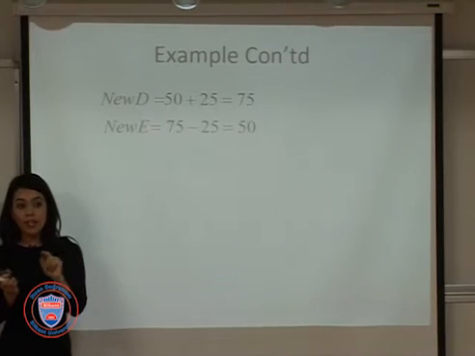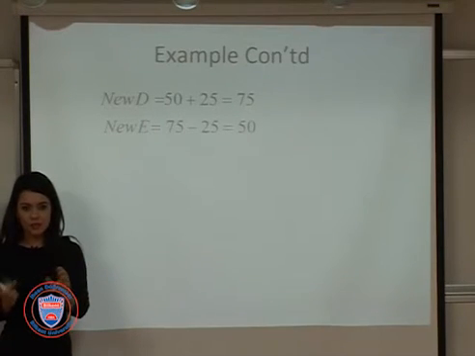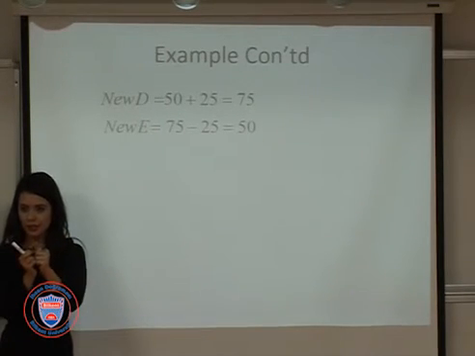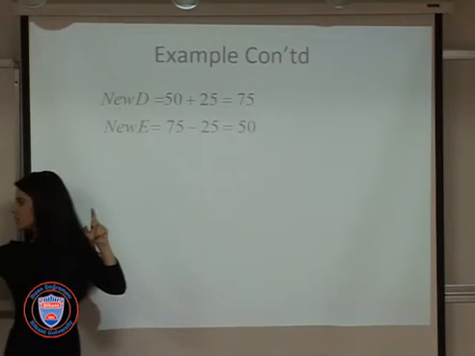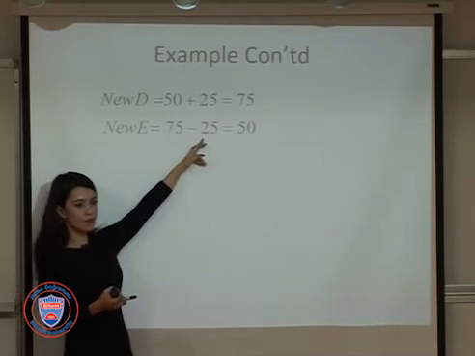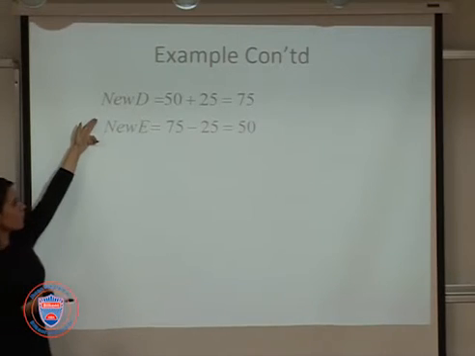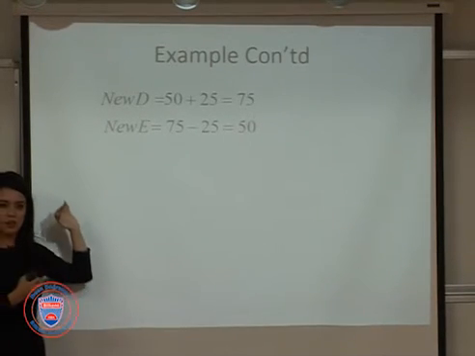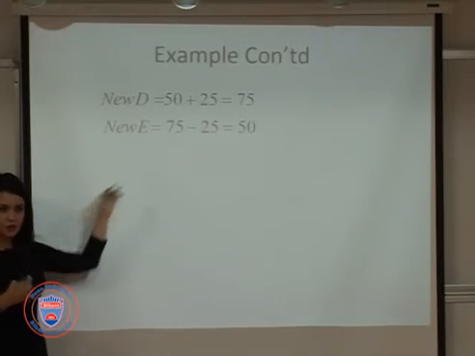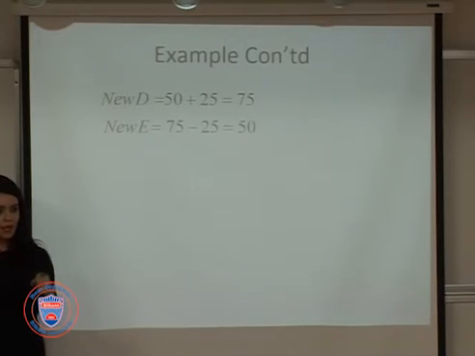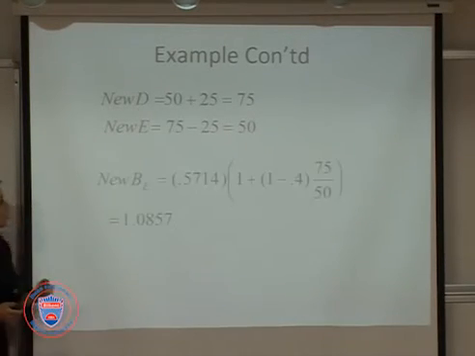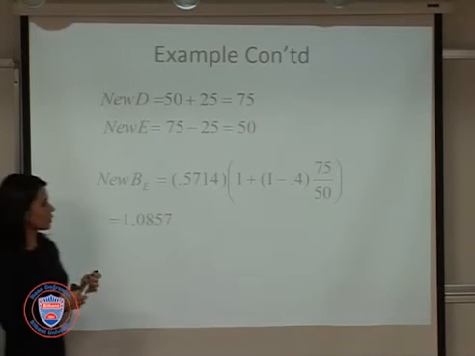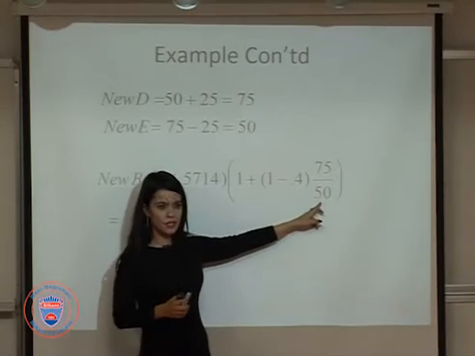It is buying back equity, and buying back equity means equity will shrink. The original was 75, you reduce 25 from it. So the new debt will be 75 and the new equity will be 50. Is this part clear? You raised more debt to buy back equity, so you increased debt and decreased equity. The new debt to equity ratio is 75/50.